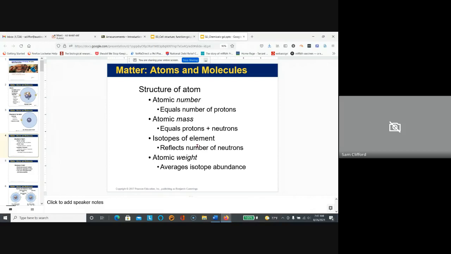So as long as a substance has 6 protons, it's carbon. If the number of neutrons vary, we can have isotopes. The average weight of the isotopes with their percentage of abundance gives the atomic weight of an element.